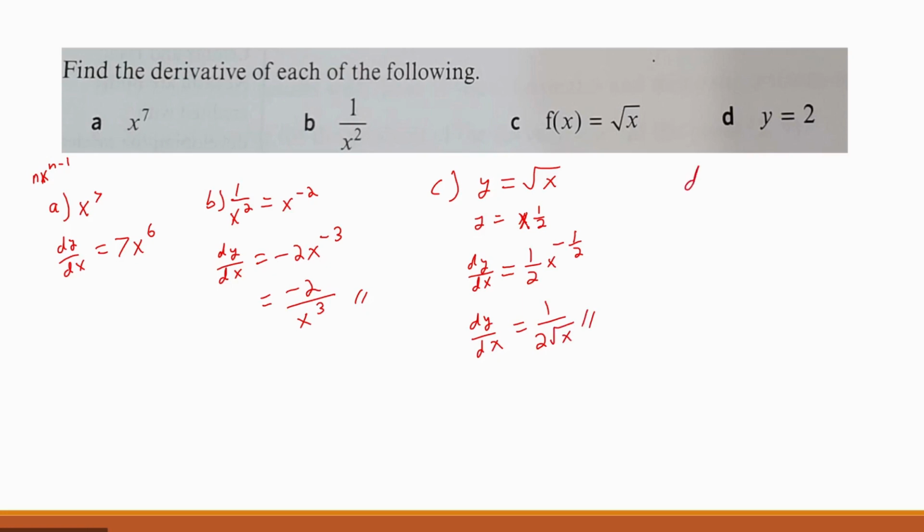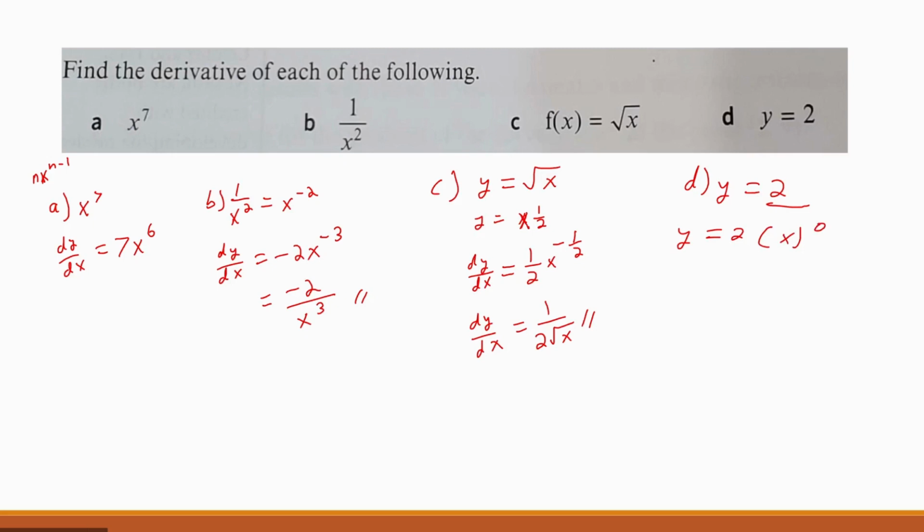And now for part d, what you have is y is equal to 2. For any constant, the differentiation is going to be 0. Let me show you why. If there is no x present, how are you going to solve this? What you are going to do is add an x with the power of 0, because x raised to power 0 is 1. So nothing in this equation actually changes, but you can add it.